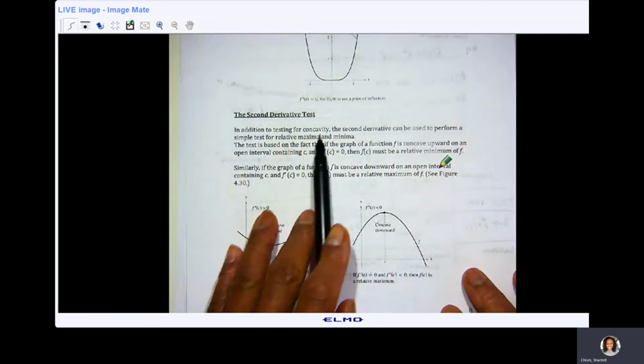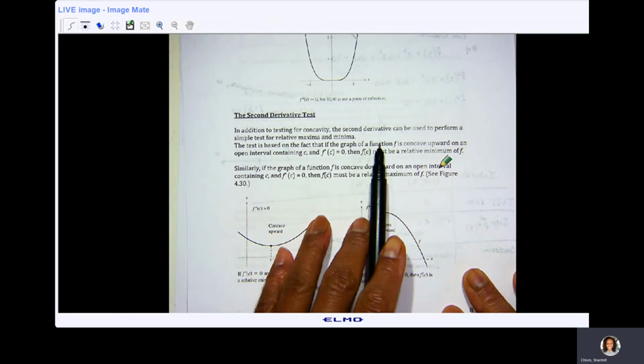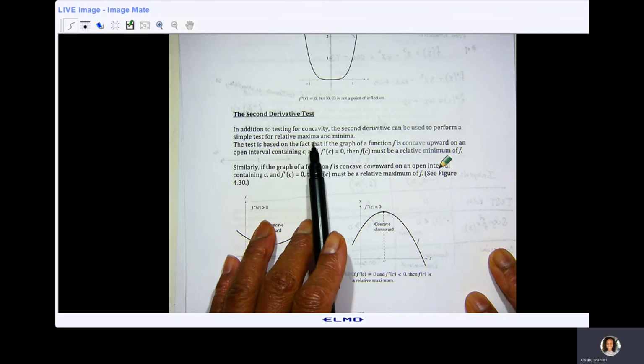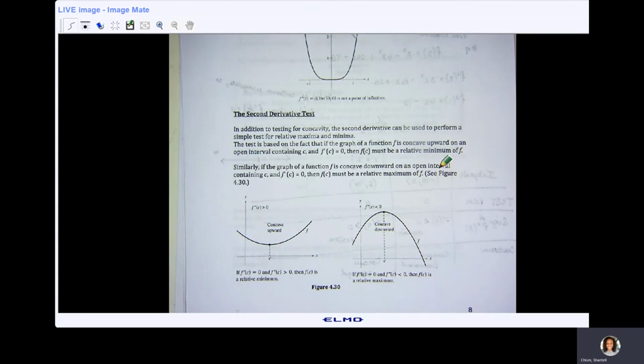In addition to testing for concavity, the second derivative can be used to perform a simple test for relative maxima and relative minima. So we could go a step further with the second derivative test, and it can tell us not only about concavity of the original function, it can tell us where the original function may have points of relative extremes, whether it be a max or a min.